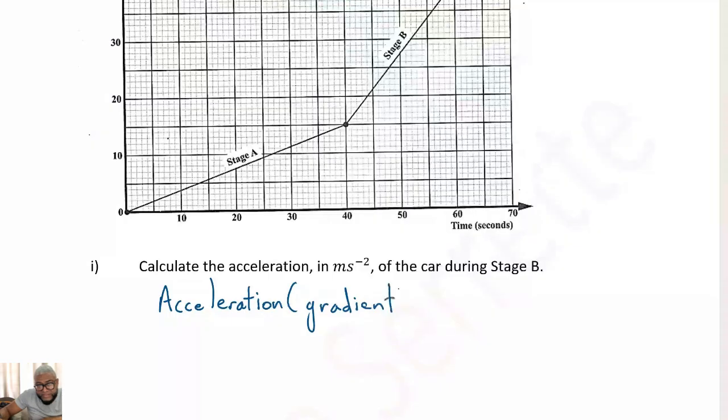Somebody mic on, please mute it. Right, so we deal with stage B. So the gradient at stage B would be y2 minus y1 over x2 minus x1. Right, I put in the 2 coordinates here. Give me one coordinate.